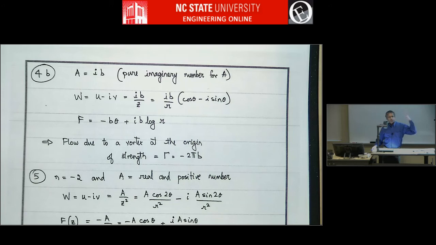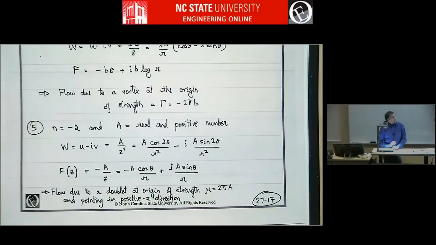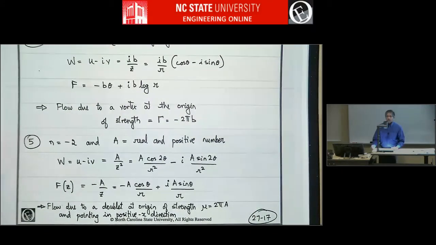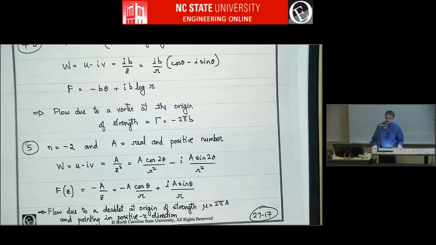So all those things we looked at earlier, elementary flows, we are now looking at the same things, but in terms of complex analytic functions. And if you put n equals -2, you get flow due to a doublet. Okay, I'm not going through all the details, but you can see if you compare this with what we did earlier for vortex and doublet, this is flow due to a doublet.